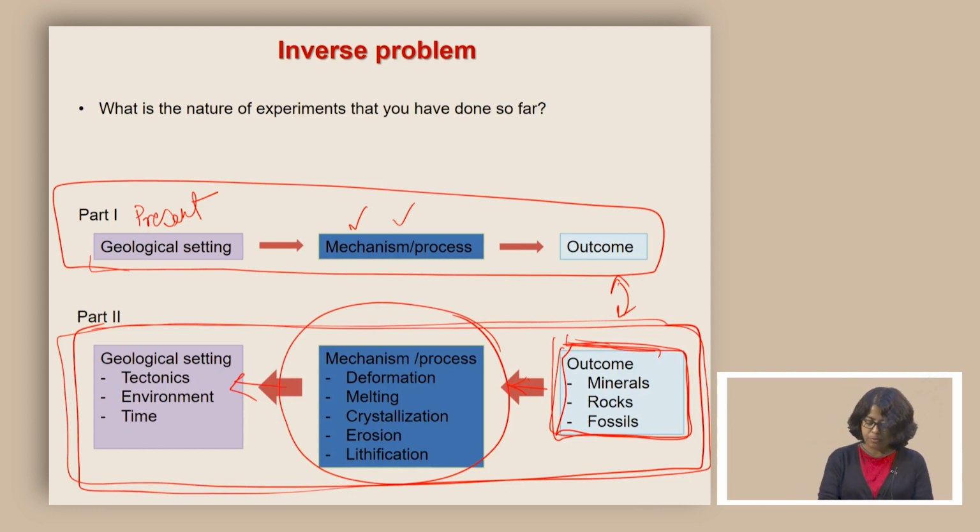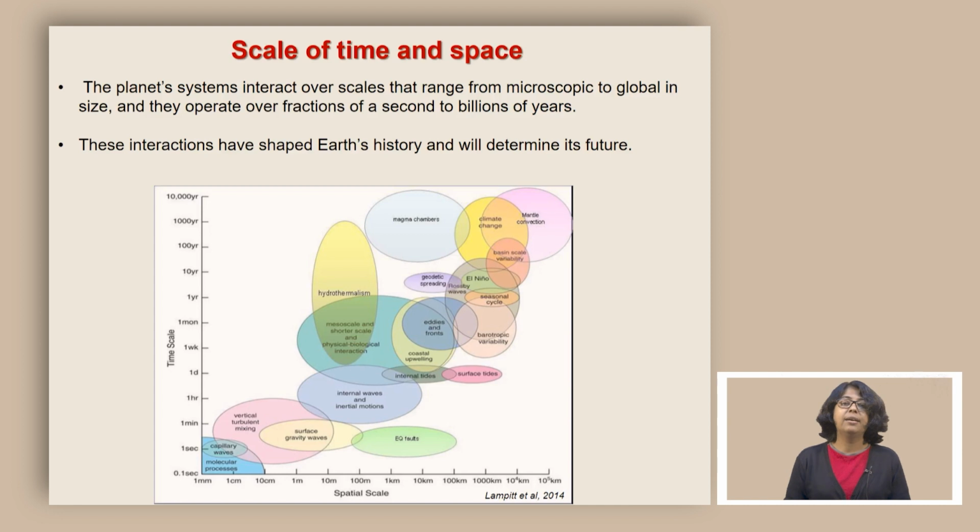And that brings us to the next unique aspect of natural science, especially earth science, which is the scale of time and space. The planetary systems interact over scales that range from microscopic to global size, and they operate over fractions of a second to billions of years. If we look at this plot, it basically tries to capture different processes that operate on the earth, deeper parts of the earth, shallow superficial processes, as well as other spheres of the earth.